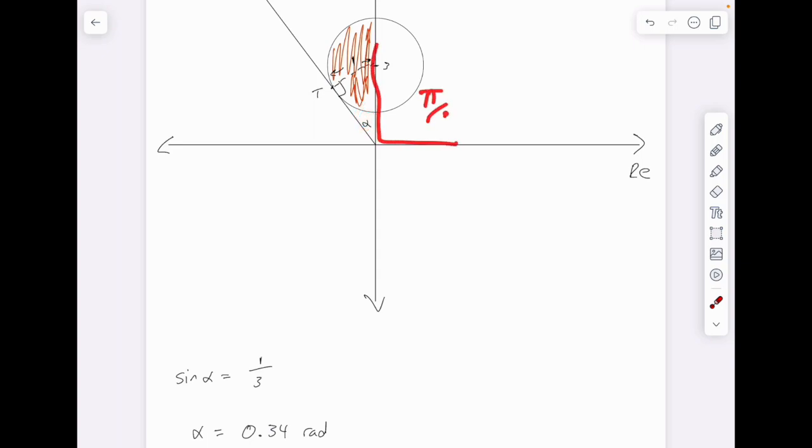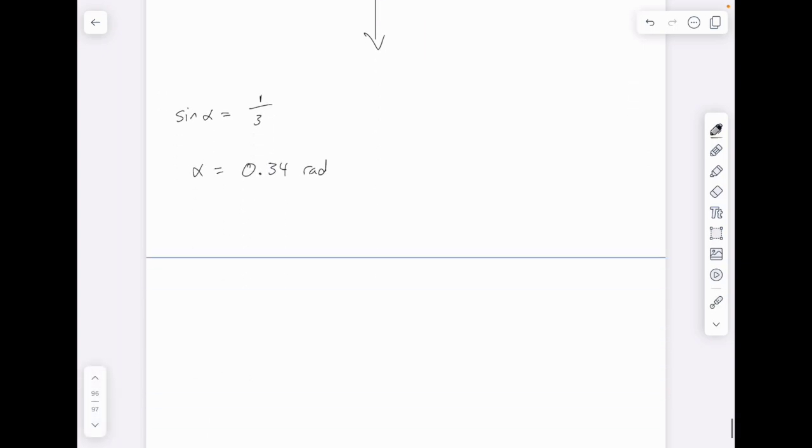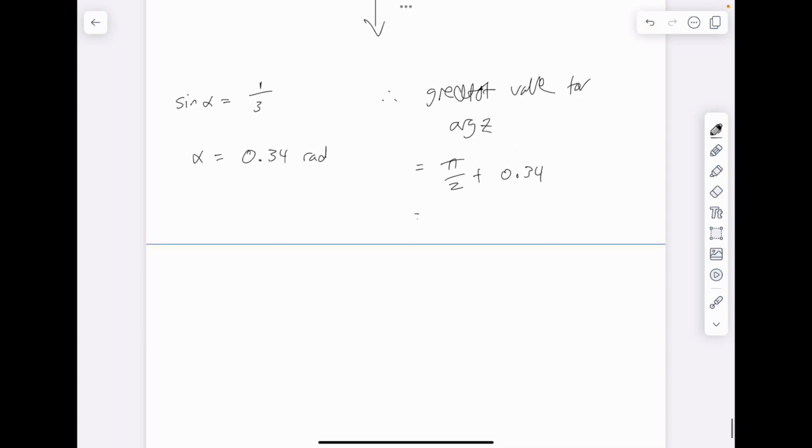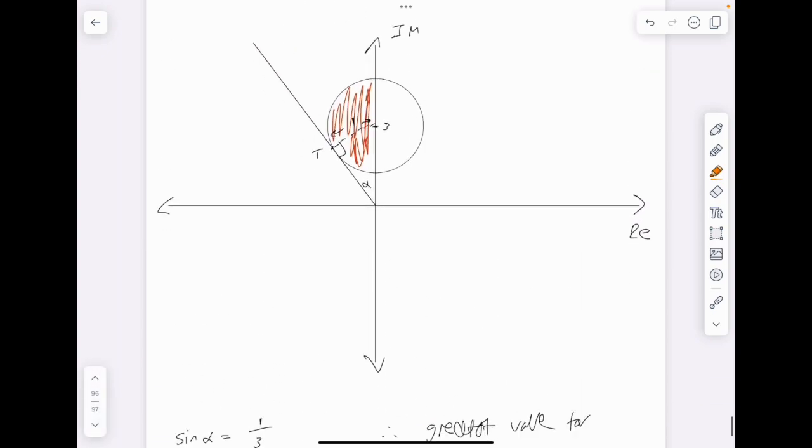This is pi over 2. So therefore we can say that the greatest value for arg z is equal to pi over 2 plus 0.34, which equals 1.91 radians. And that, guys, is going to be the final answer to that question.